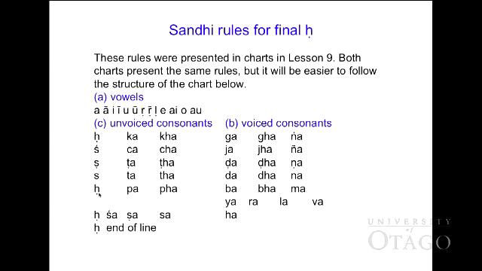And Ha. This is our unvoiced consonant group. The voiced consonants start from Ga, Gha, Nga, Ja, Jha, Ya, Da, Dha, Na, Da, Dha, Na, Ba, Bha, Ma, Ya, Ra, La, Va, Ha. So you have to memorize these groups, voiced consonants.